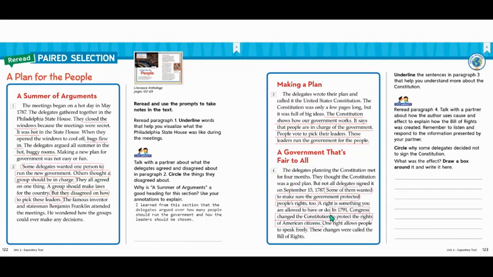So go ahead and box in that sentence. Again, the cause is that they didn't sign it because they wanted to make sure that people's rights were protected. And the effect of that action is that they changed the Constitution to protect American citizens.